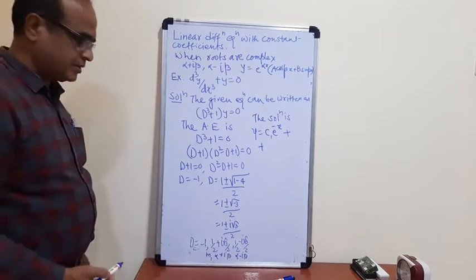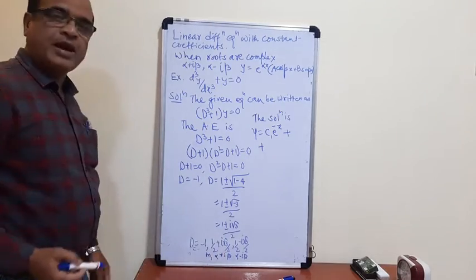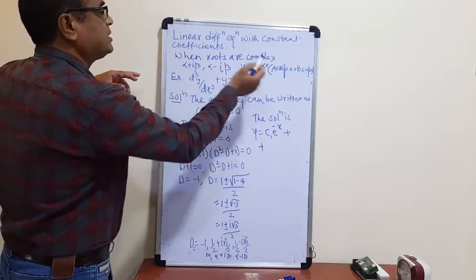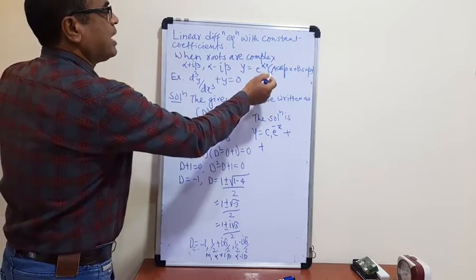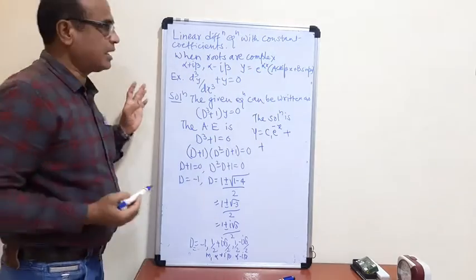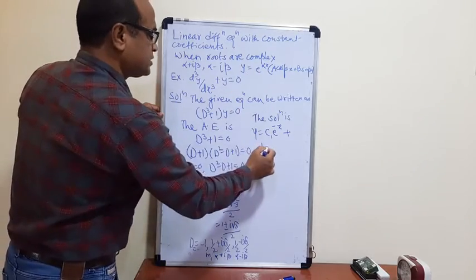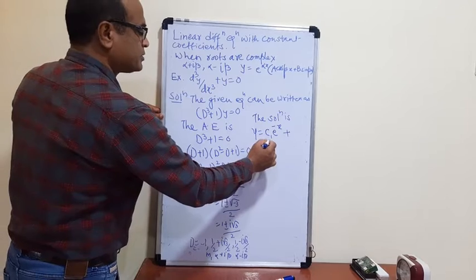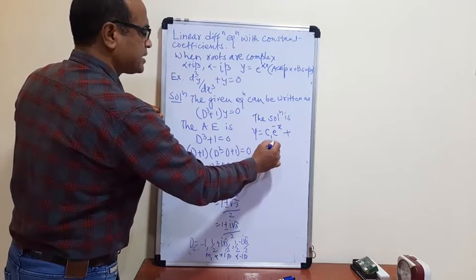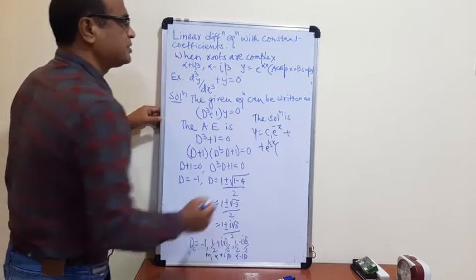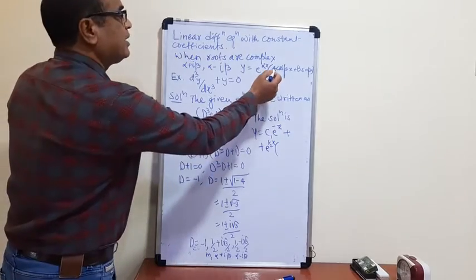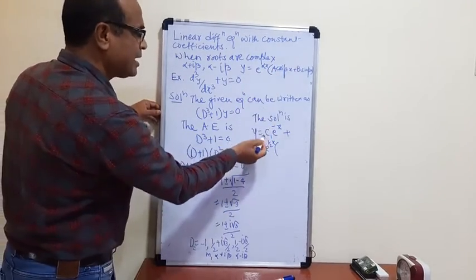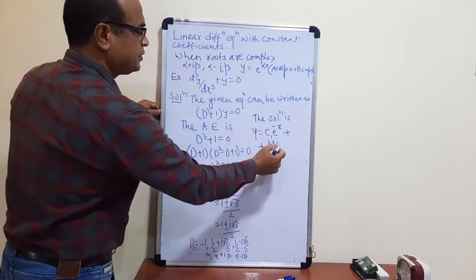Alpha is 1 half. Beta is root 3 by 2. Therefore the solution is y is equal to e raised to alpha x into bracket something. Here alpha is 1 half, so e raised to 1 half x into bracket. We take a constant C1, and then we take C2 instead of A.